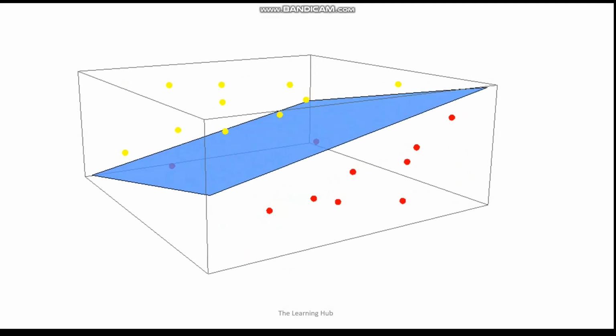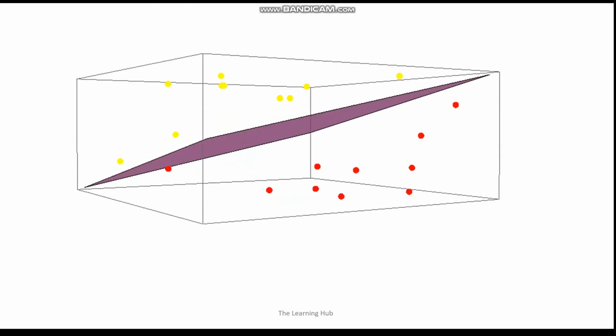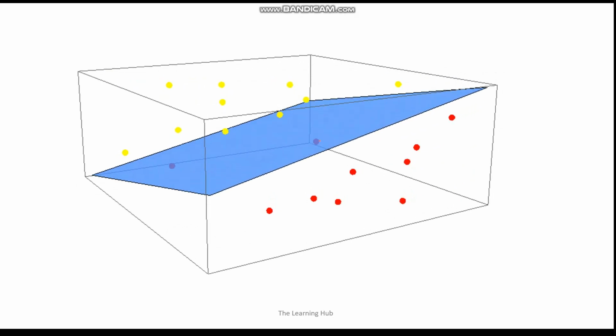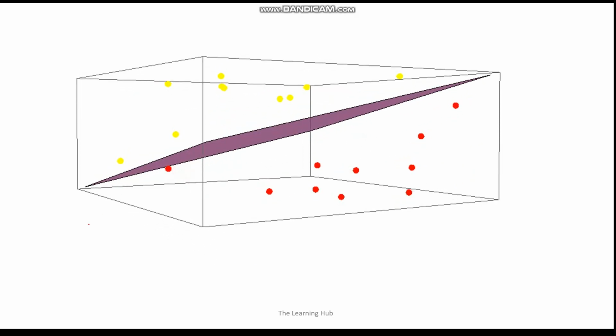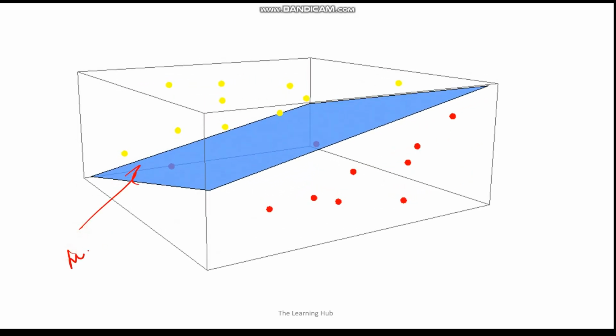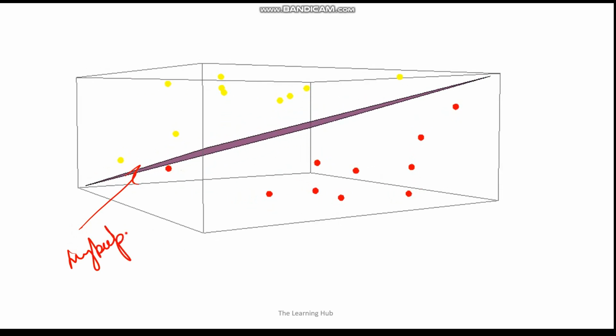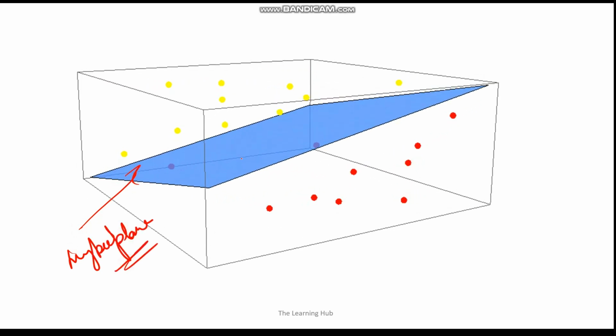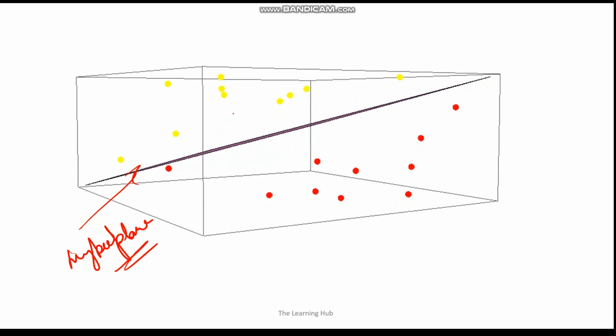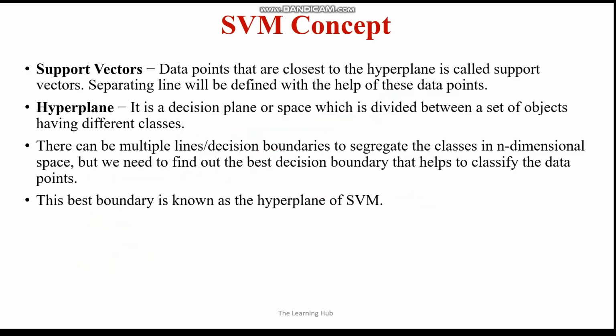So that is being represented over here. So you can say this area will give space, and this blue is simply the hyperplane in this case, which is giving separation between these yellow and red dots.